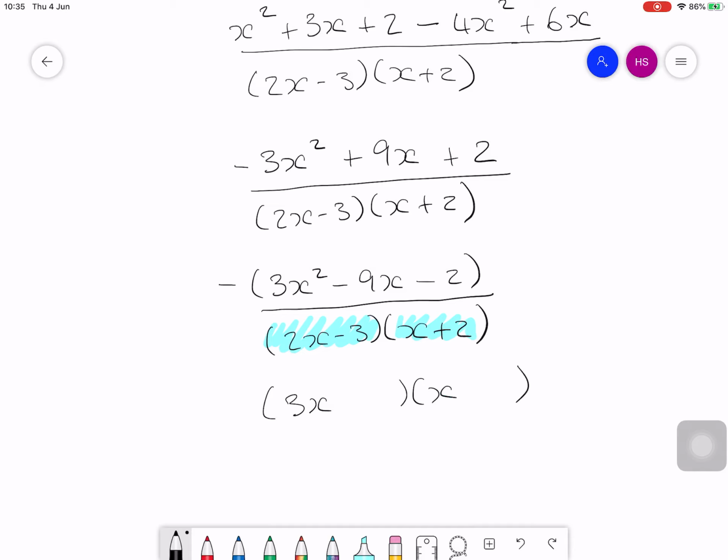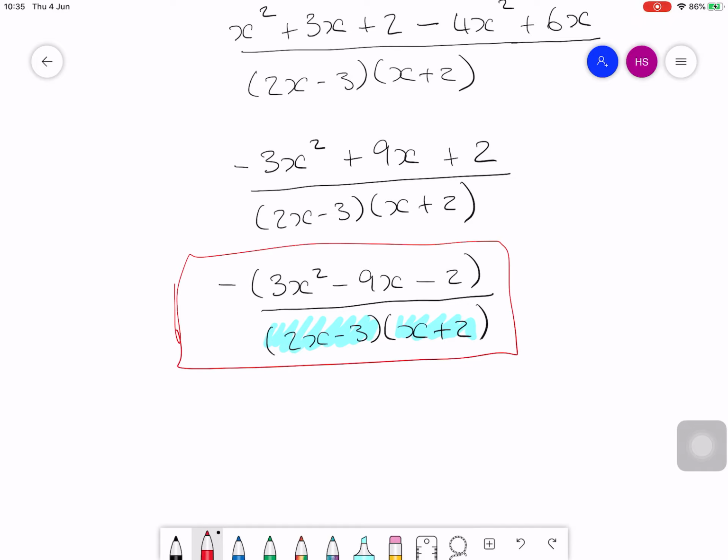And if it was going to be x plus 2, then that would need to be minus 1, and that doesn't work. I don't think 2 and 1. No, so that's just not going to factorise. So actually, that is my fully simplified answer.